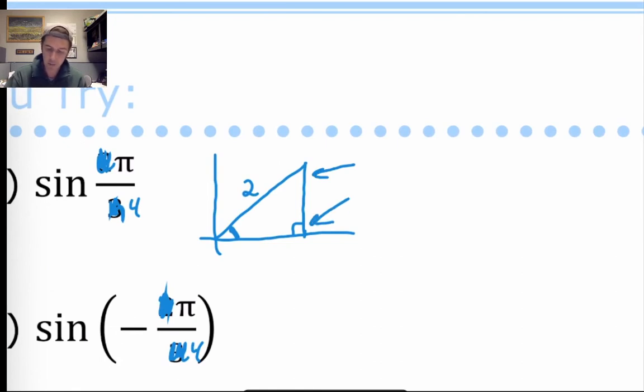We know where the 90 is, which means I can take my hypotenuse, divide it by the square root of 2, which gives me a leg of square root of 2 and a leg of square root of 2. These two legs are the same because the angle measures across from them are the same.